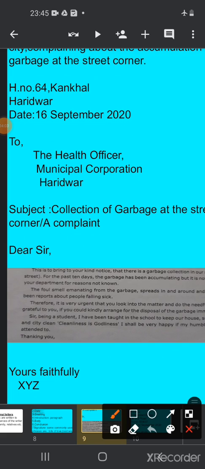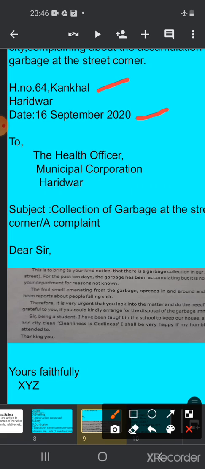In this, the first step is address. House number 64, Kankhal, Haridwar. This is the address. Below the address, we write the date, 16th September 2020.